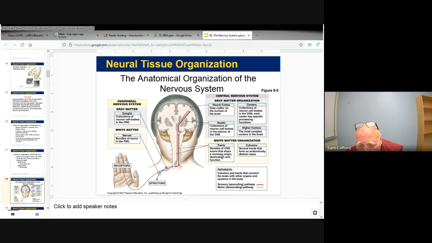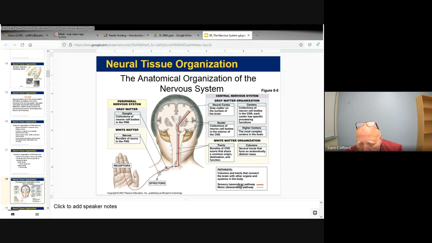Tracts are in the central nervous system. Nerves are in the peripheral nervous system. These columns are bundles of axons that send information from the spinal cord into the brain and send information out from the brain through the spinal nerves and through the cranial nerves. Okay, so columns connect to the brain.